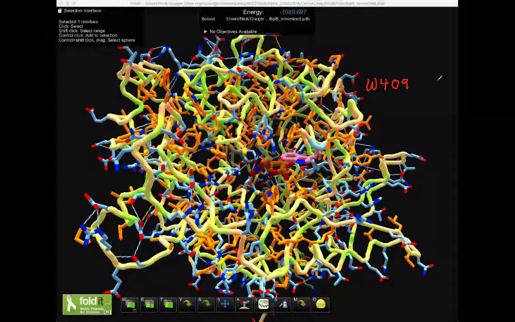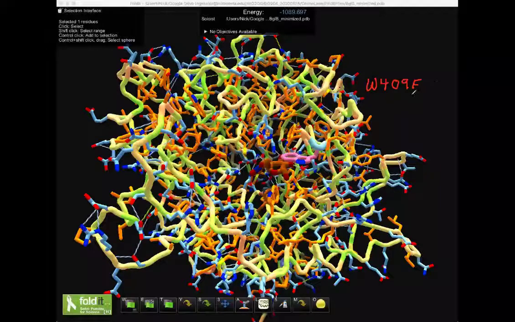I think the most conservative substitution you can make in this case is to phenylalanine. Phenylalanine is also an aromatic ring, although tryptophan has the double ring structure. Phenylalanine doesn't have that, but it is otherwise a hydrophobic amino acid like tryptophan.